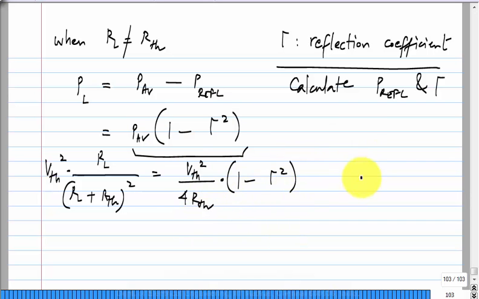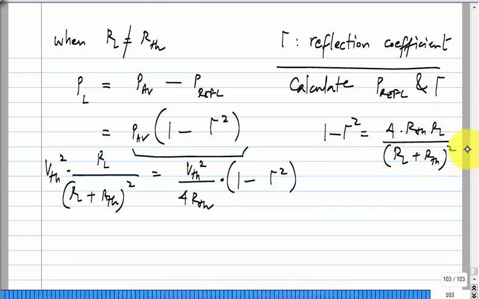So, 1 minus gamma square is 4 RTH RL by RL plus RTH square.